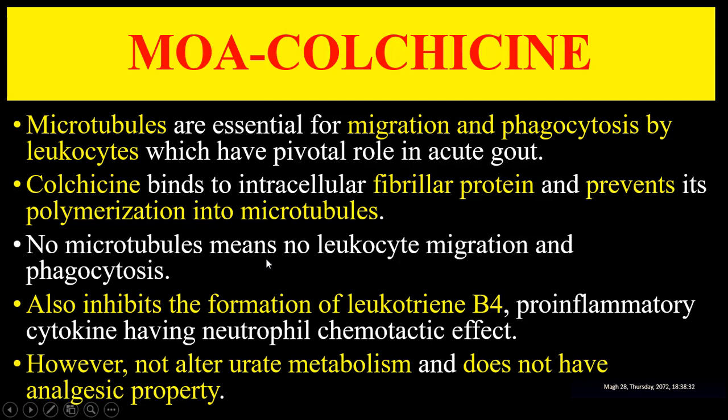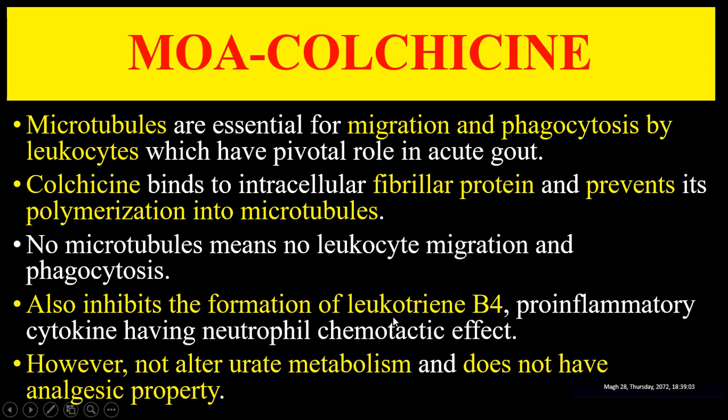Once again, microtubules are essential for leukocytes to migrate and phagocytose in the inflamed joint, and colchicine binds to the fibrillary protein and prevents polymerization into microtubules. Thus, no microtubules means no leukocyte migration and phagocytosis.